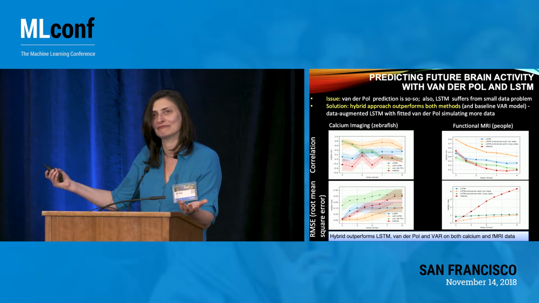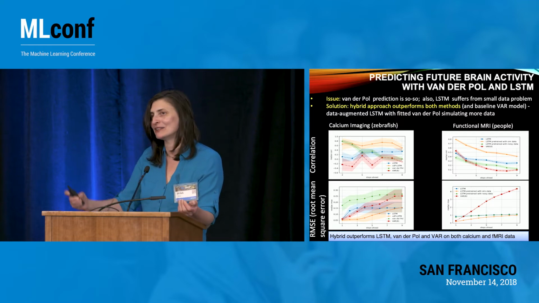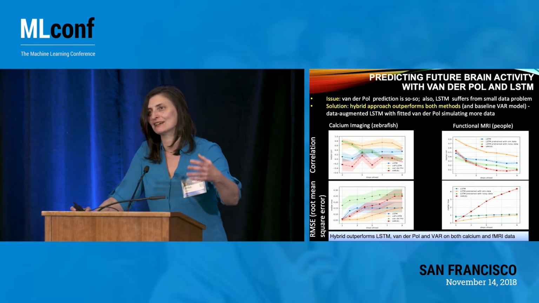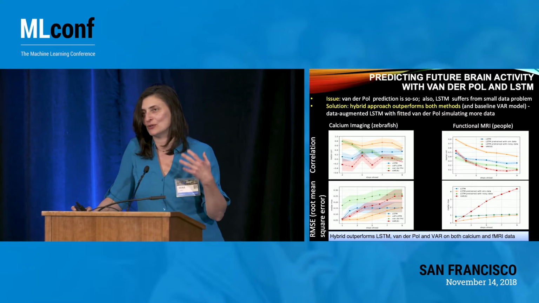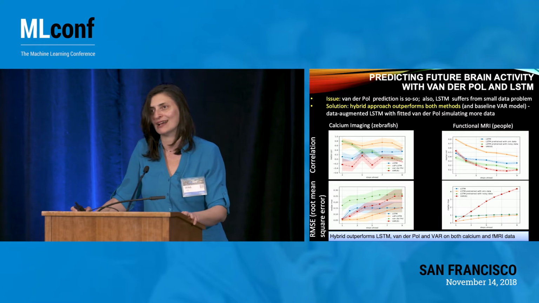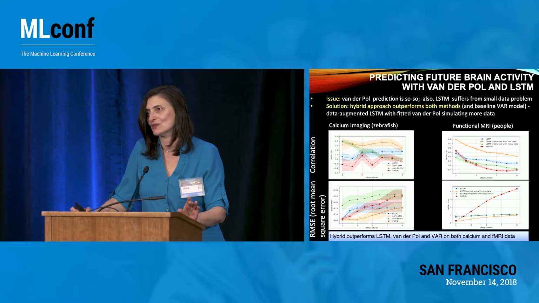We only had like 500 time points, but we could simulate unlimited amounts from the analytical model. So you fit the analytical model to some extent to your training data. It may not predict well, but it captures something. Now you can simulate as much as you want in terms of your time series, and then it significantly improves performance of your LSTM. So neither one of those approaches by itself was achieving the best results. The combination, the hybrid, was.